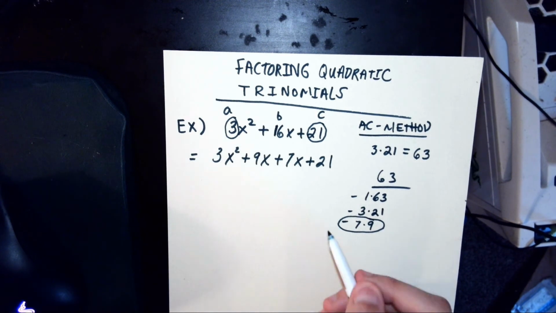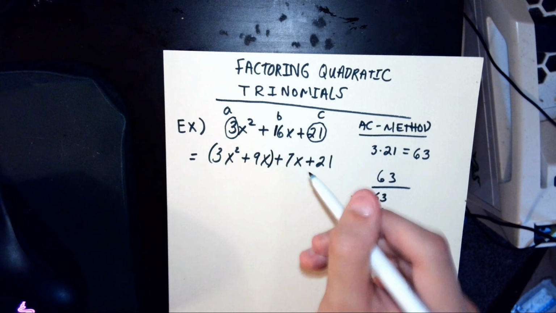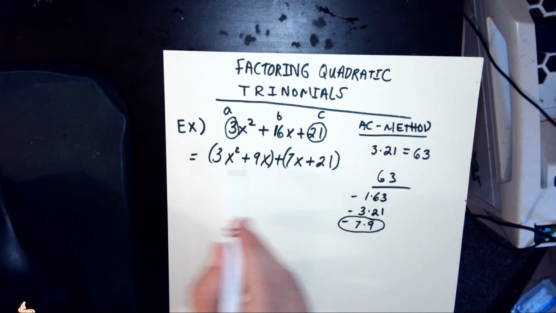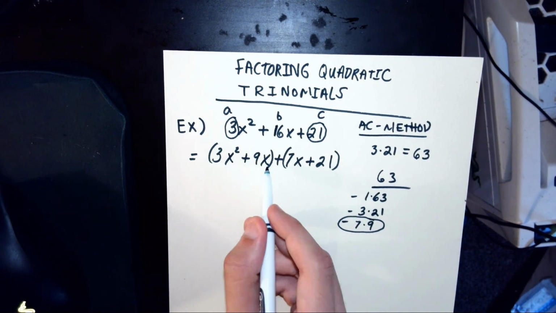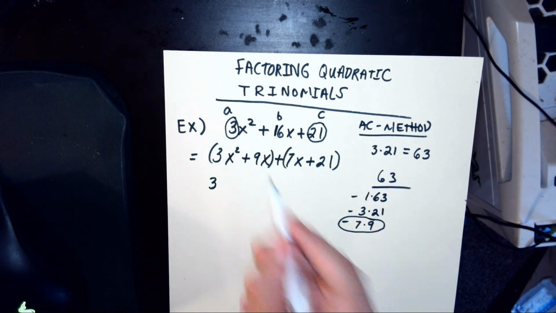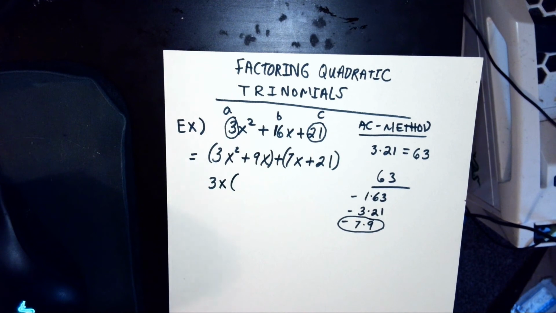Now again we do the same thing as before. We split this into 2 groups. Consider the first group. We take the greatest common factor out. Here we see that we have 3x squared and 9x. The greatest common factor of 3 and 9 is just 3. The common factor of x squared and x is x, so we can pull out 3x there.